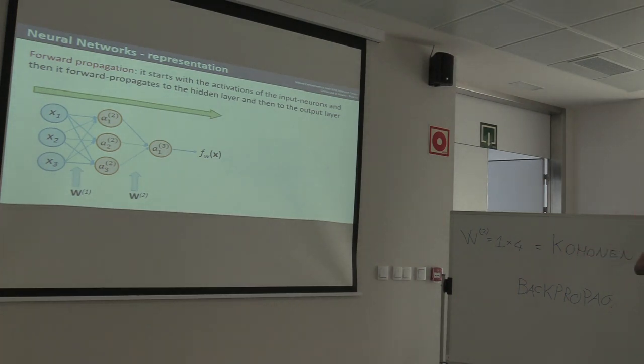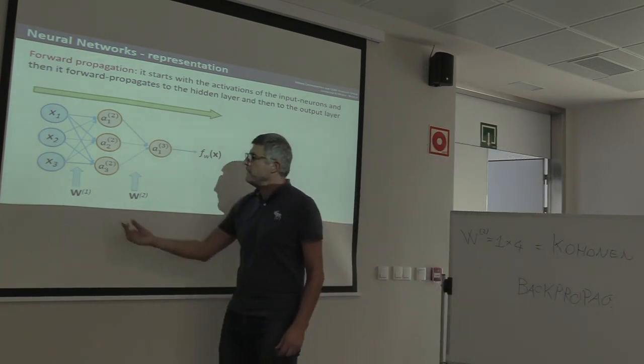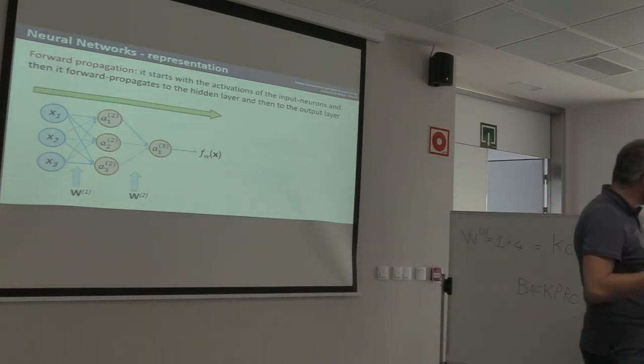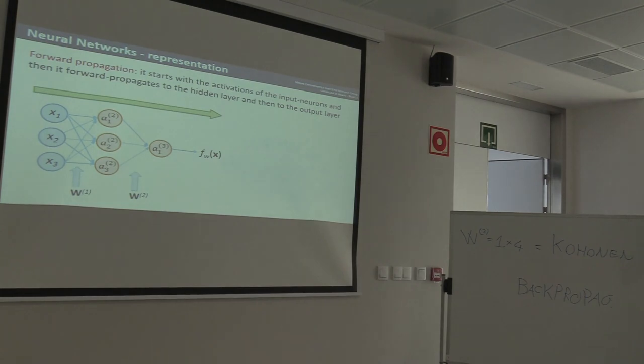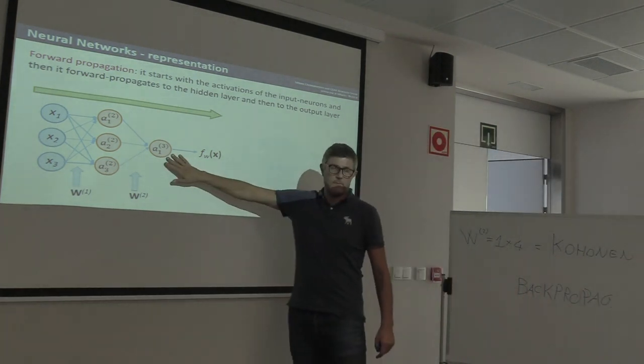And then time after time he learns things. So the network at the beginning has some random weights, but then the network is able to learn and to adapt these weights to get the best output. But we will see how.